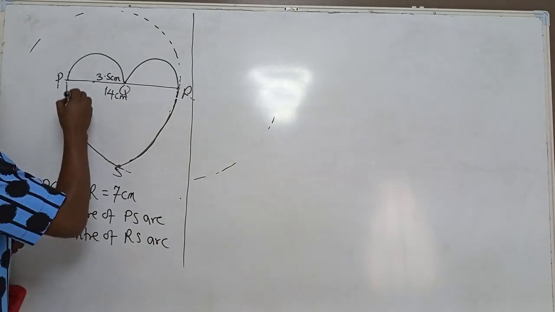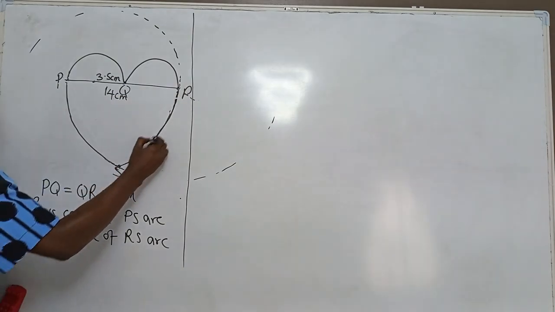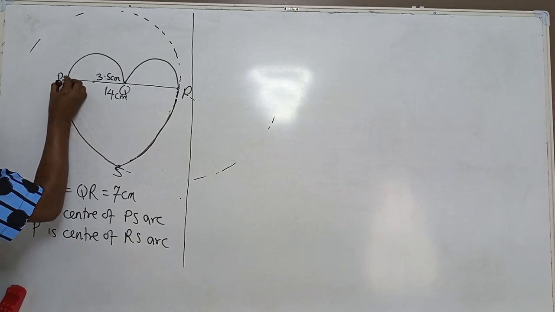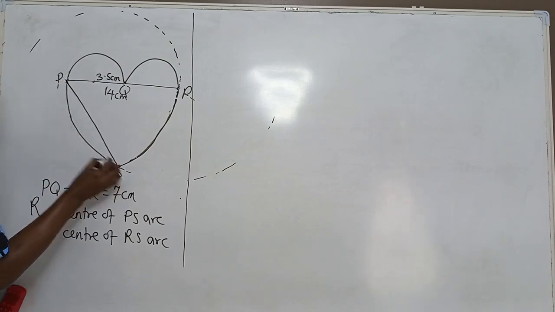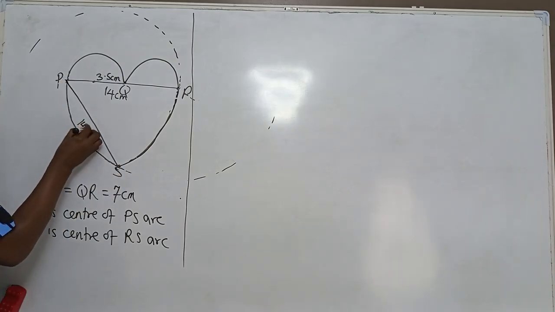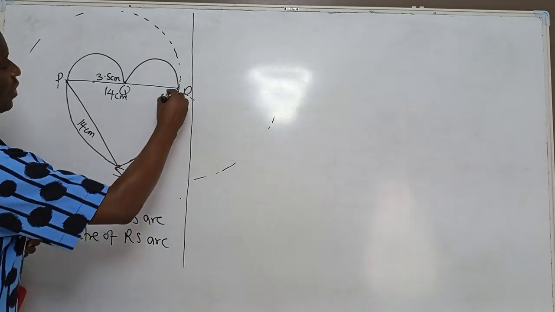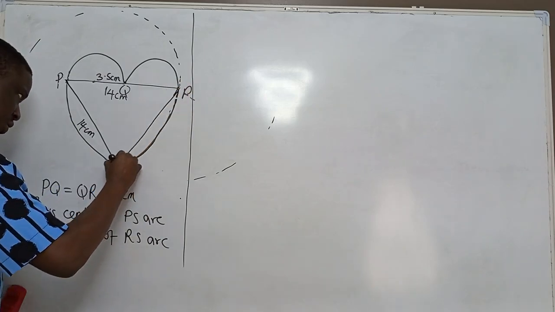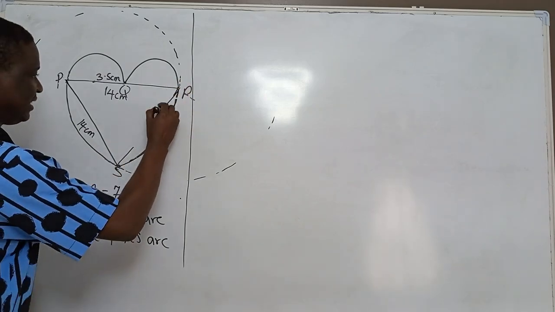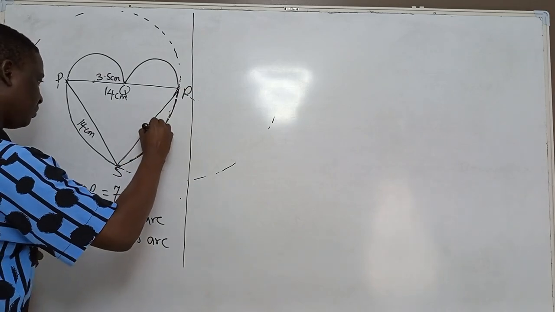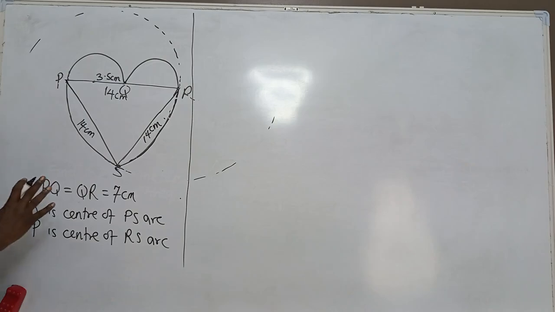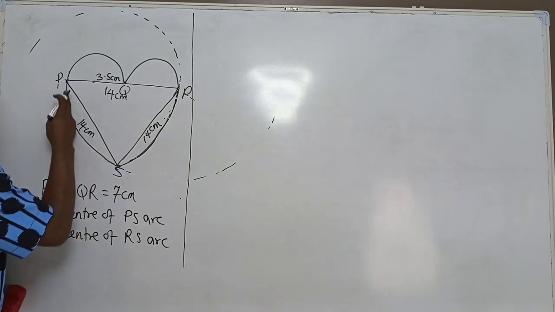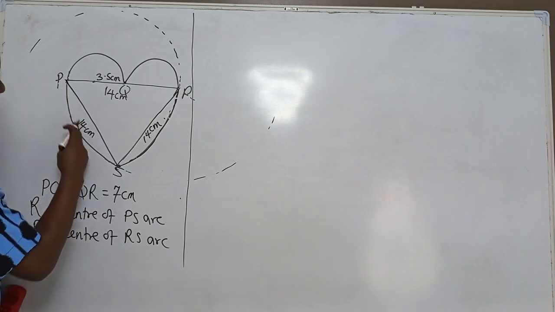If I draw another one for this particular circle to touch X, this is also 14 cm. Also, if I draw a line from R to S, this is also 14 cm.